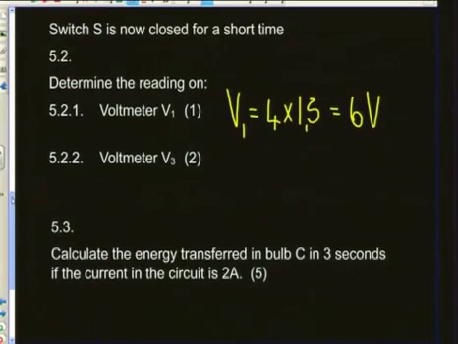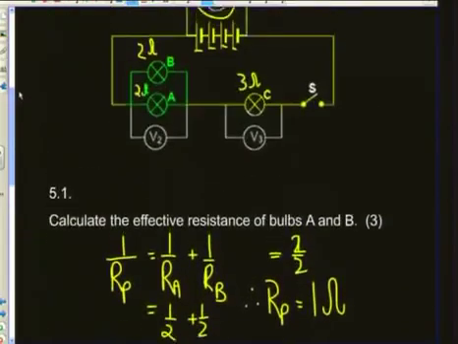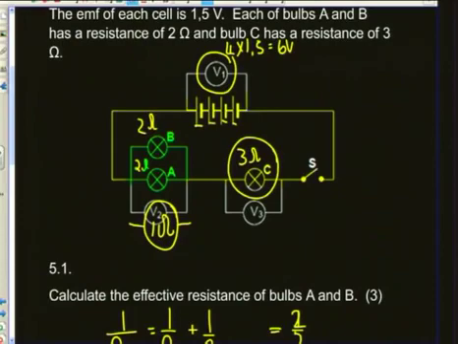Then they ask you, and I really didn't give myself enough space, the reading over V3. Okay. Now comes the fun part. This has an effective resistance of 1 ohm. Here's 3 ohms. We need to know the current in the circuit in order to get V3.